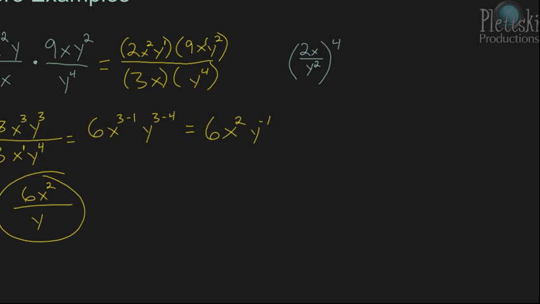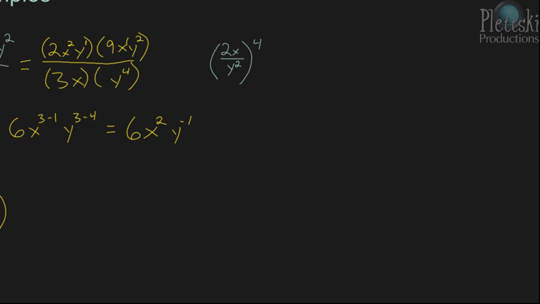Now the second example, we have 2x over y squared, and that whole thing is raised to the fourth power. So our first step is to use the power of a quotient rule, which means the power actually gets applied to the numerator and the denominator.